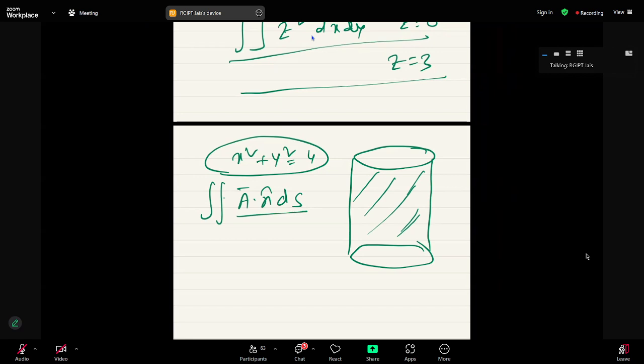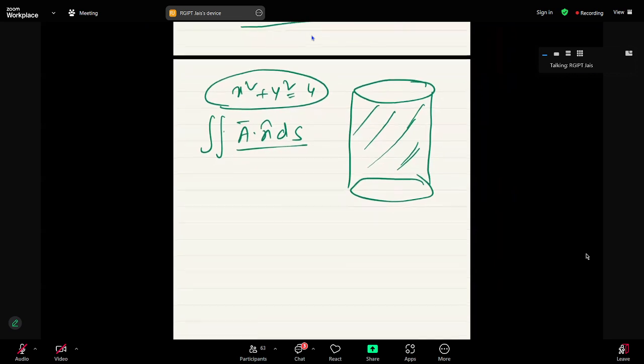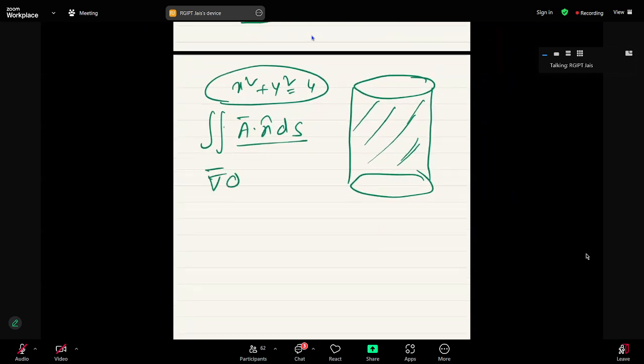Can you remember some operator which gives surface normal? Gradient, right? Gradient basically gives you the surface normal. So this is phi equal to x square plus y square equal to 4. This is a surface. If you take grad phi divided by mod of grad phi, that will give you the surface normal, that will give you n cap.